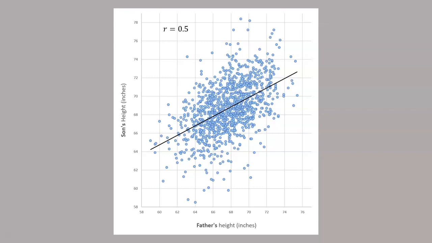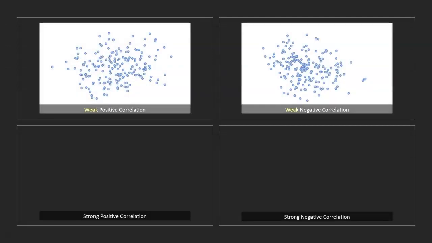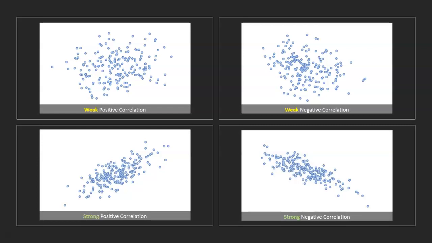We'll soon deepen our intuition about what r is telling us, but first I'll make a few general observations. The closer r is to 0, on either side, positive or negative, the weaker we say the correlation is. The closer it is to 1, again on either side, positive or negative, the stronger the correlation is.